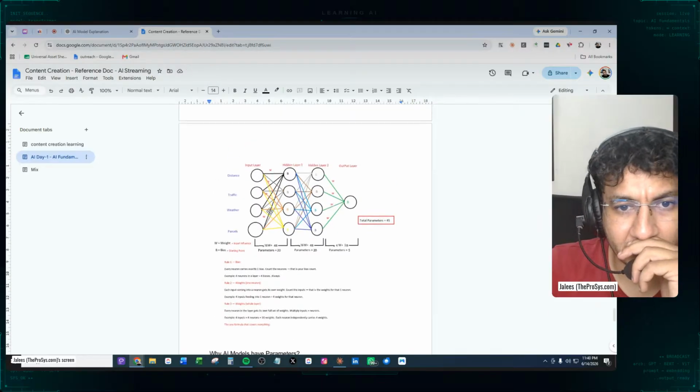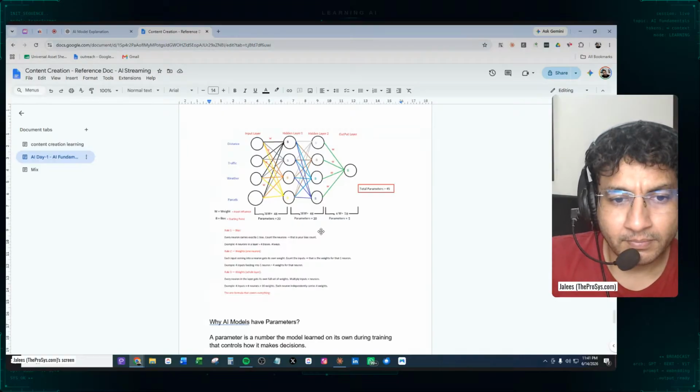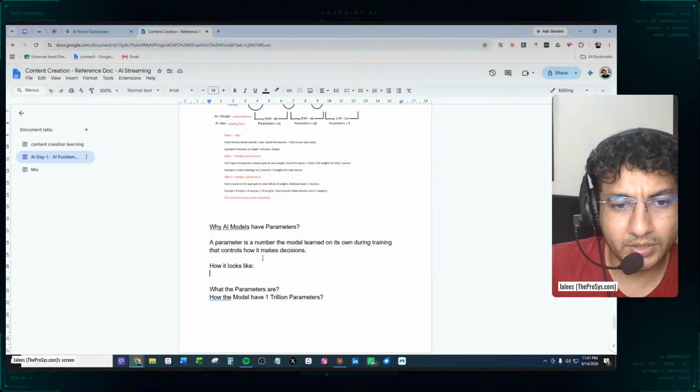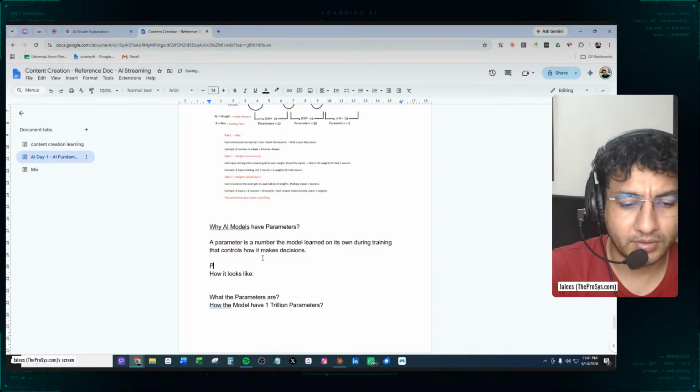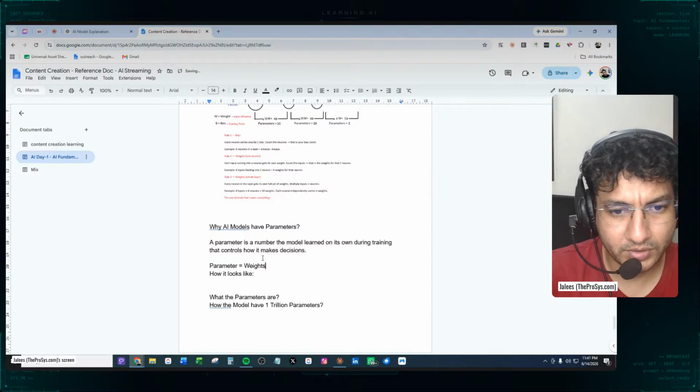And when there is something like this, here we can have it like this one, w and b. So these are the parameters. Parameters equals to weights plus bias.